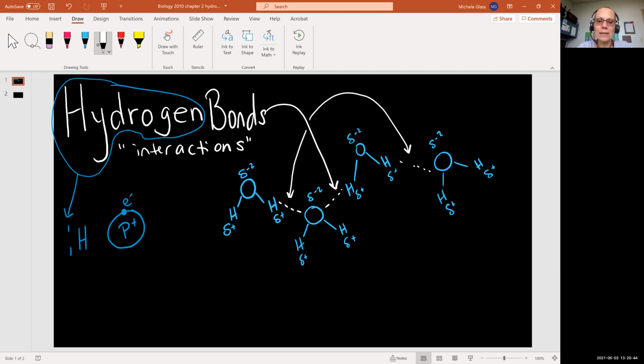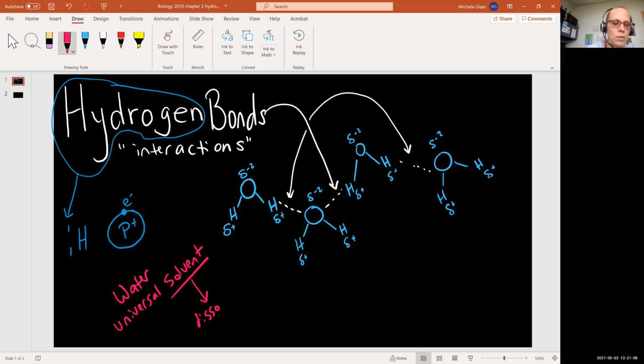Now, because the water molecule is polar, and it's our classic example of a polar molecule, you have to know this, right? Because water is polar, we see that water is what we call a universal solvent. And the term solvent means dissolver. And the reason is because of water's polarity.